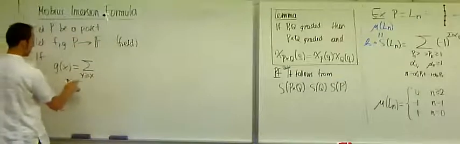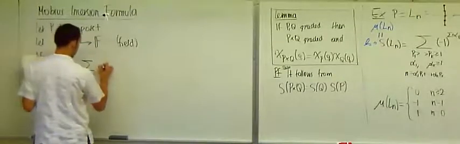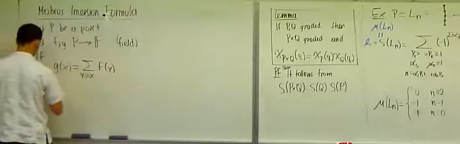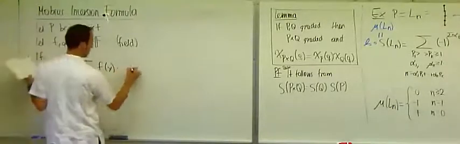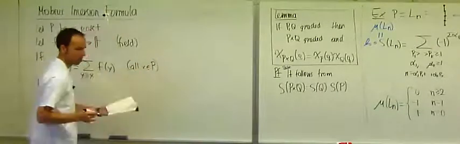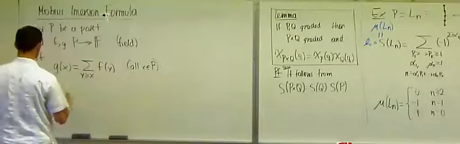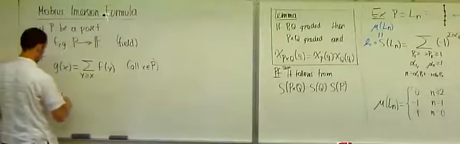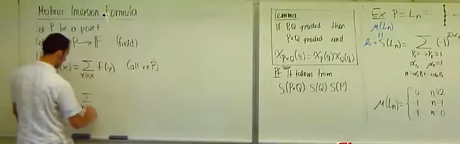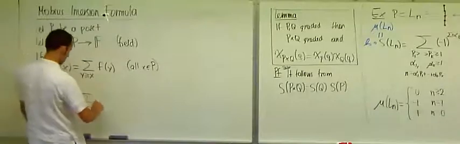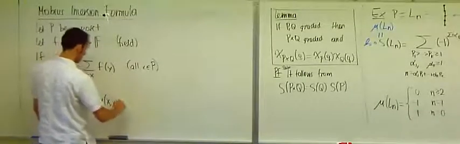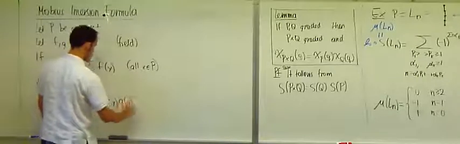If g of x is equal to the sum over y greater than or equal to x of f of y, for all x in P, then f of x is going to be the sum over all y greater than or equal to x of mu of xy g of y for all x.